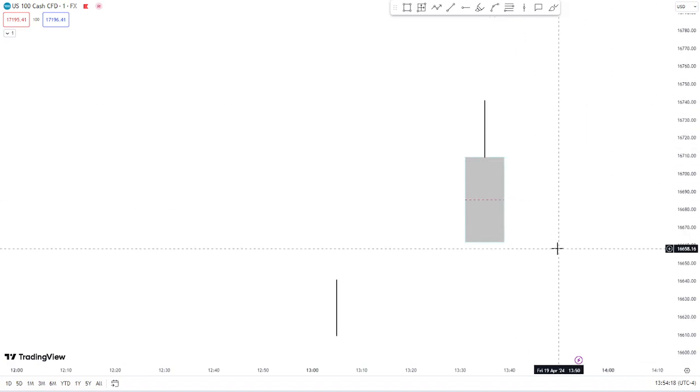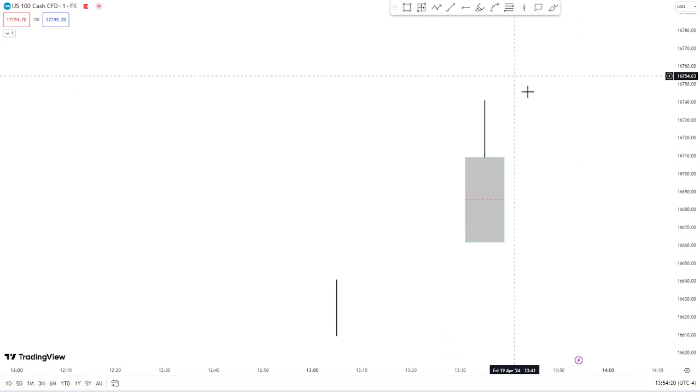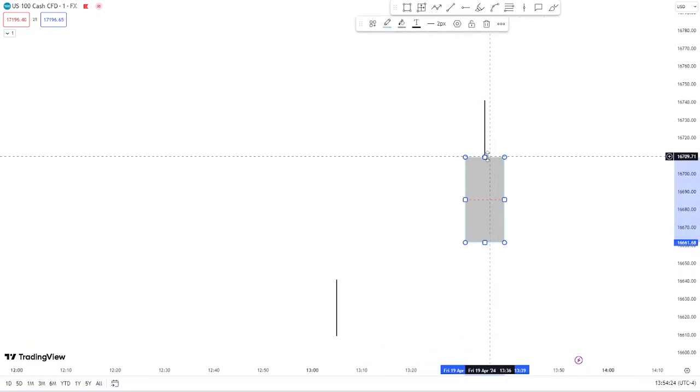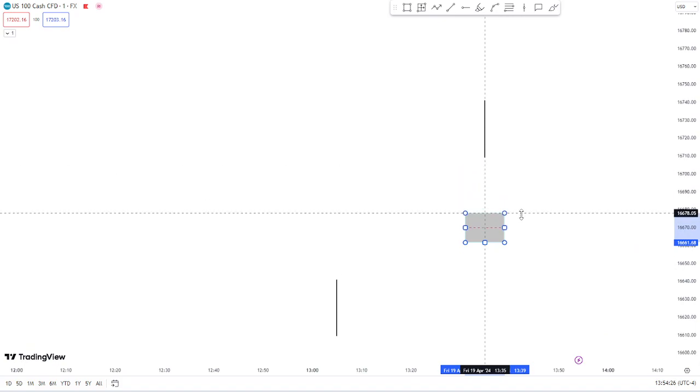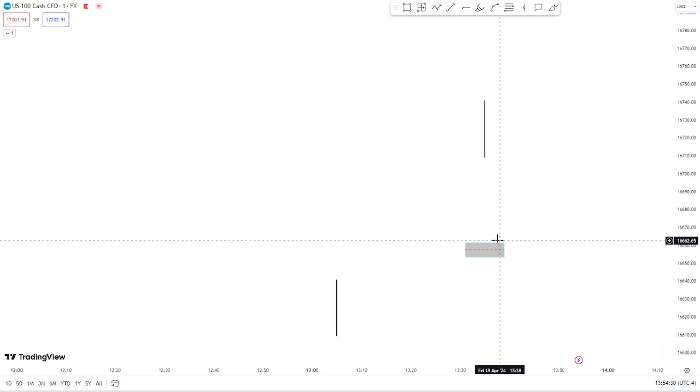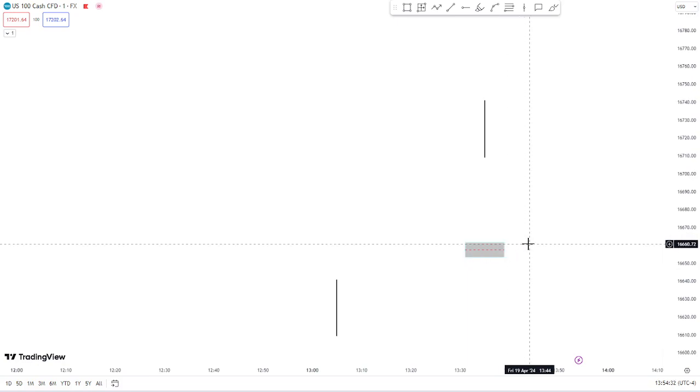Now what do I mean by true CISD? If I want to enter in this candle, I will wait for the candle to gyrate back down and cross the opening price. As soon as the candle crosses the opening price, this is the true CISD.